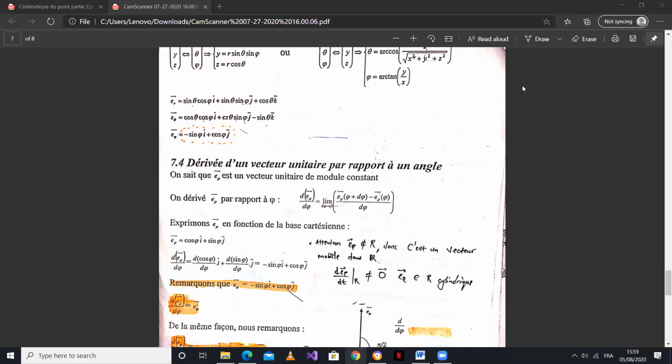Exactly. So now I want you to notice, is there a common term in those sums that you have? Is there something you can factorize out? I can factor out sine theta. Yes.